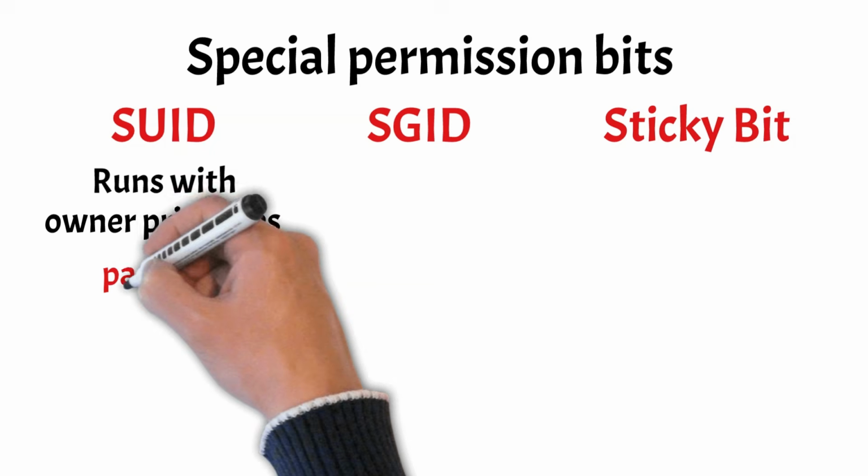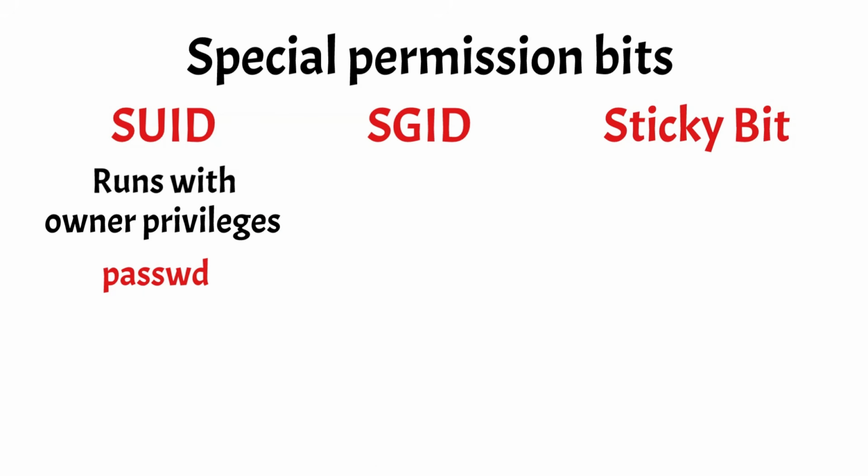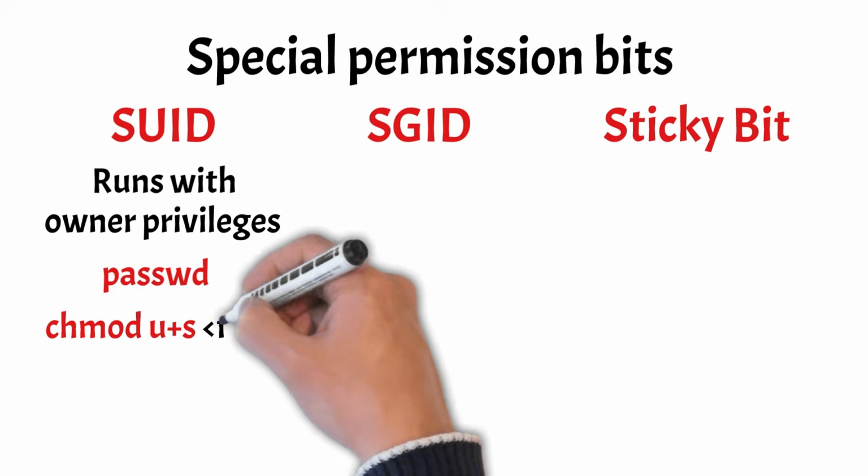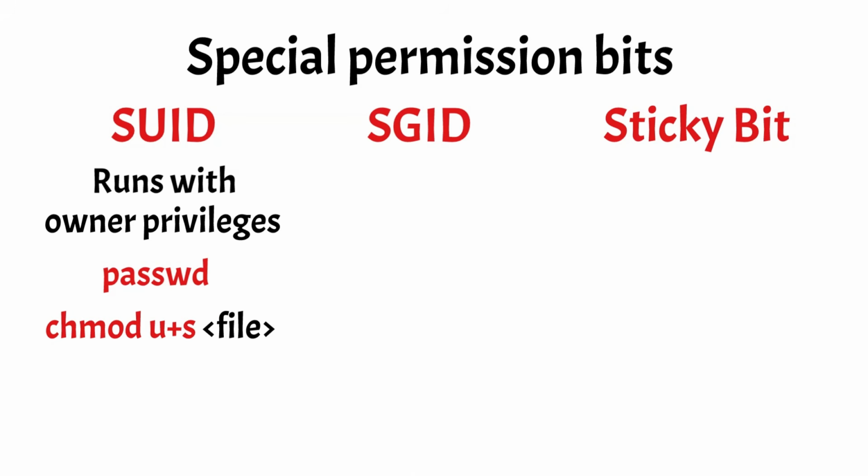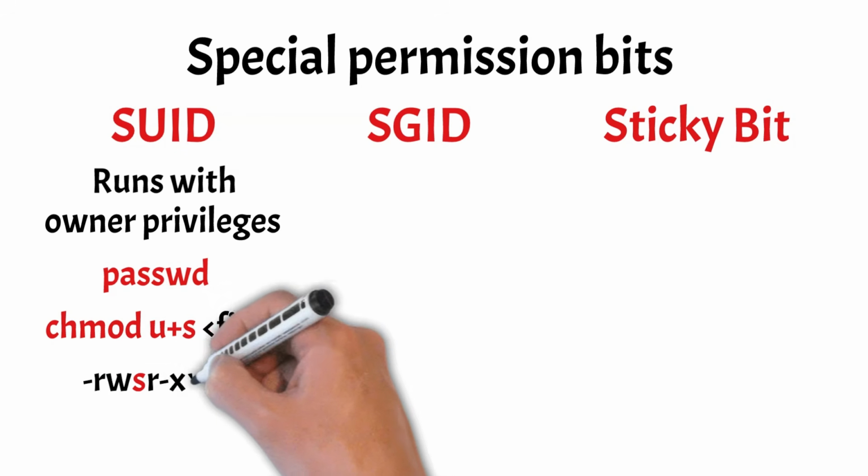A common example is the passwd command, which lets regular users update their passwords even though the underlying system files require elevated privileges. The SUID bit can be set using the command chmod u+s, where u refers to the file's owner or user and the plus sign adds the permission. When active, it appears as an s in the owner's execute position.